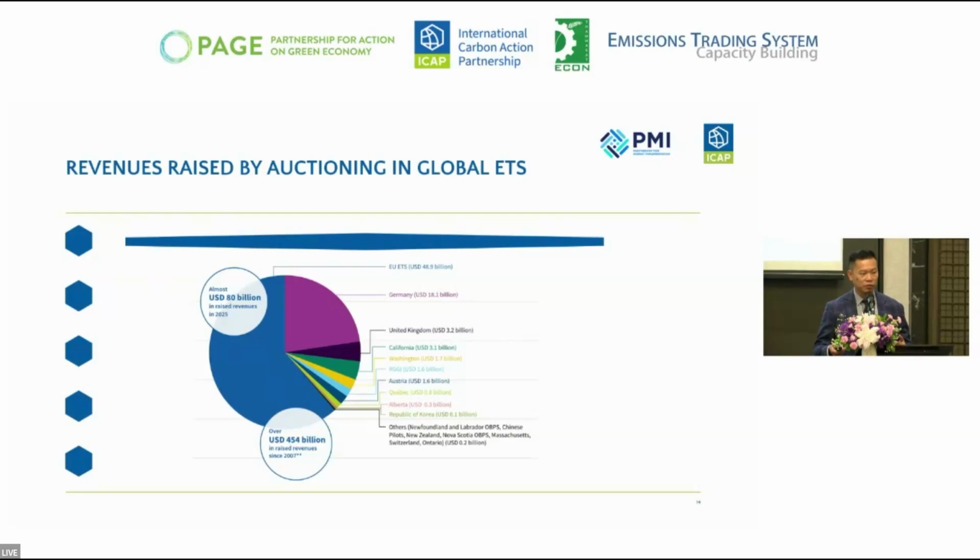So when we say we increase the carbon costs through a carbon pricing mechanism or a carbon market, that's how much the carbon market increases the cost. Yeah. Of course, secondary market trading between different stakeholders also creates some incentive, but the major driver is auctioning.